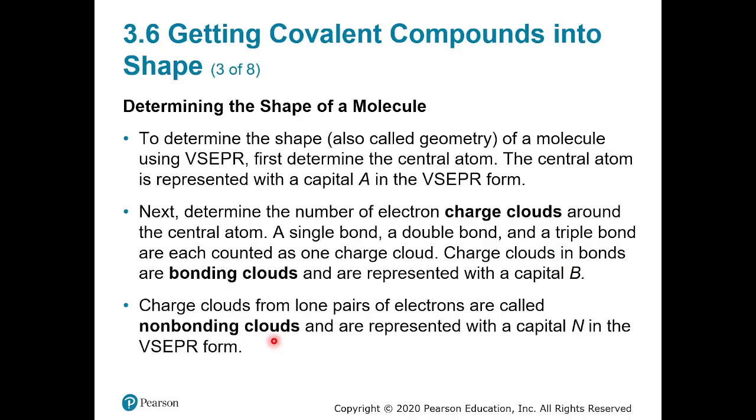Non-bonding domains are typically lone pairs, like the one electron lone pair over there, or the lone pairs we've seen on all these other ones. The big important thing is they don't have an atom on the other side.